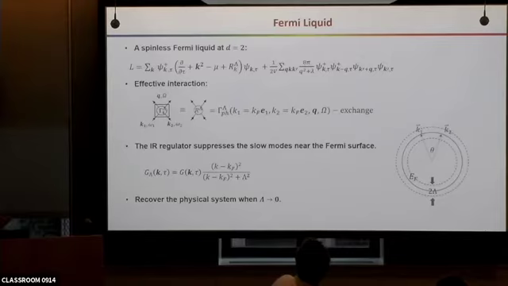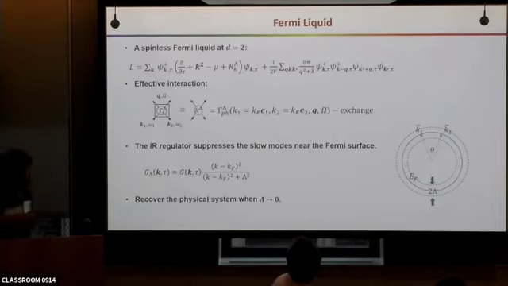Basically, what you do is you introduce an IR regulator to your propagator, so that the low energy part of your propagator will be suppressed at the beginning. Okay? So all fluctuations between these two shells will be suppressed at the beginning.